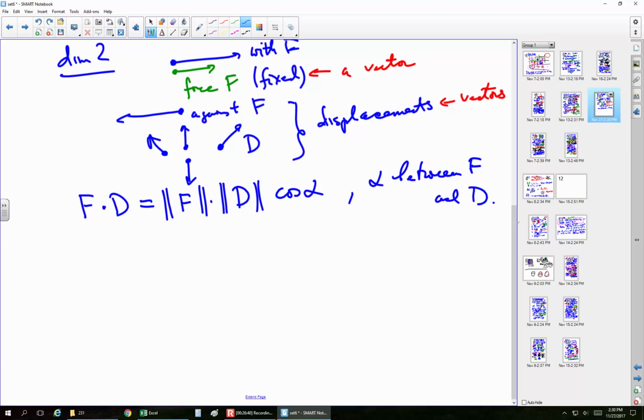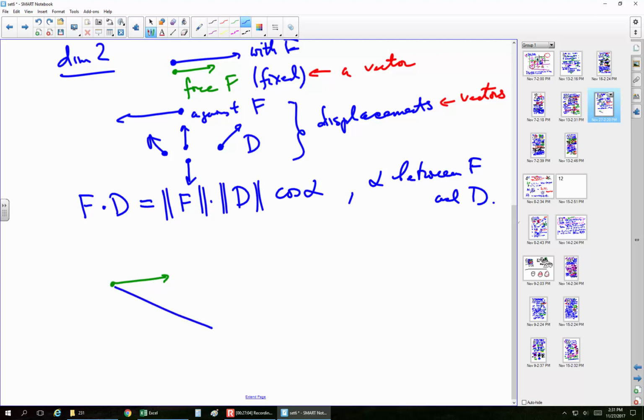In fact, we could have started with the analysis of the meaning of the force and how we can decompose it relative to our displacement, rather than vice versa.